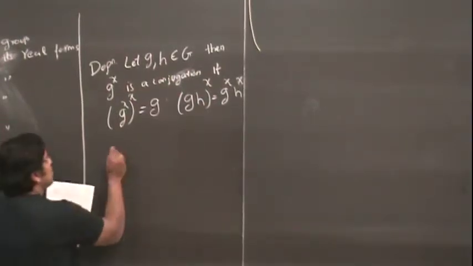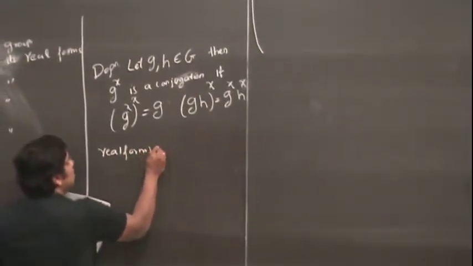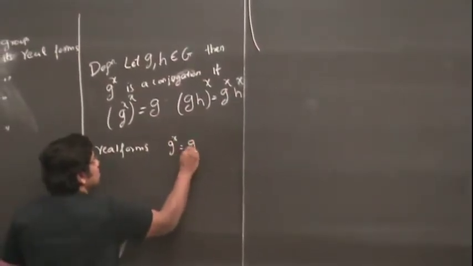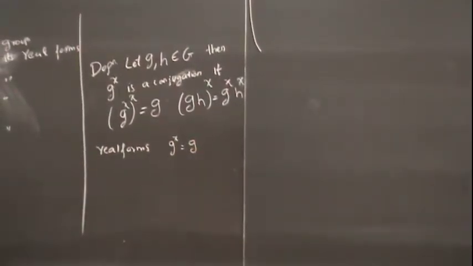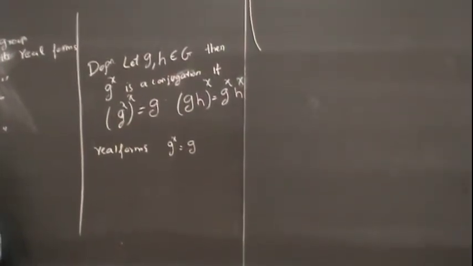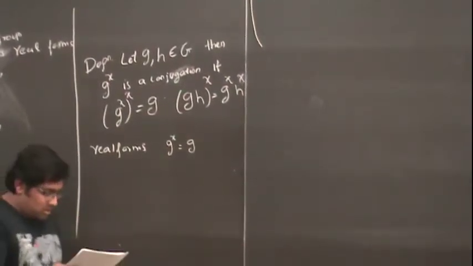So real forms are obtained by putting some constraint, in different styles. We have seen that it can be transpose, it can involve the matrix omega. We have seen different kinds of constraints.